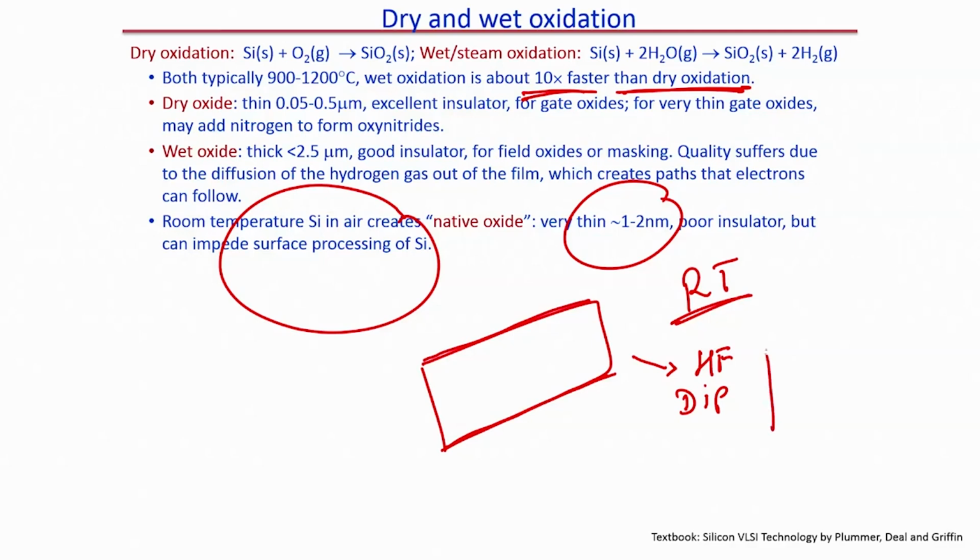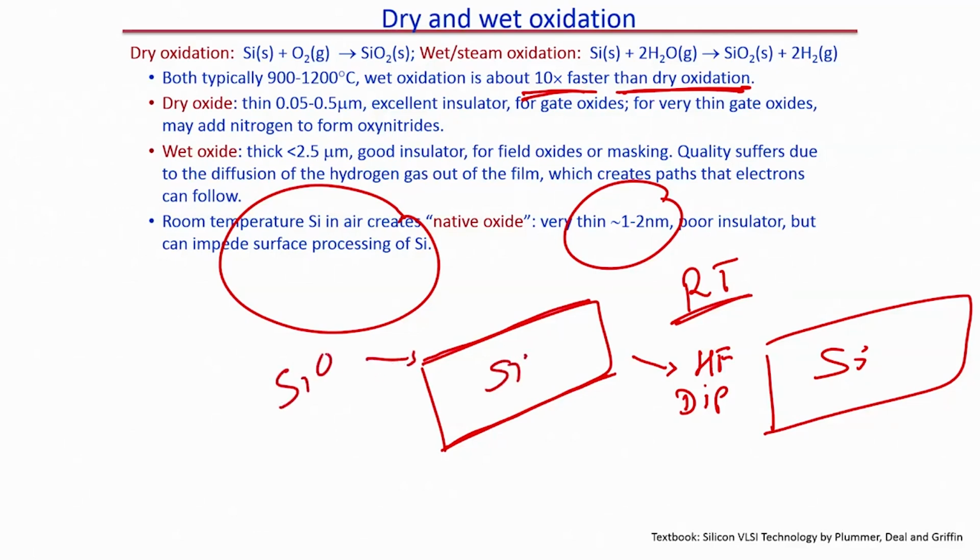That will remove your native oxide and get you the silicon substrate, right. This is a thin layer of silicon dioxide, about 1 to 2 nanometer.